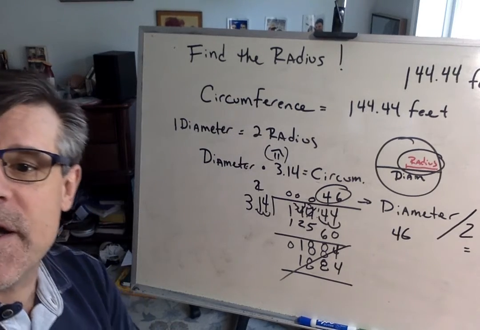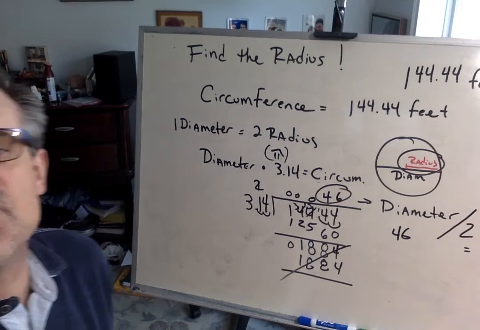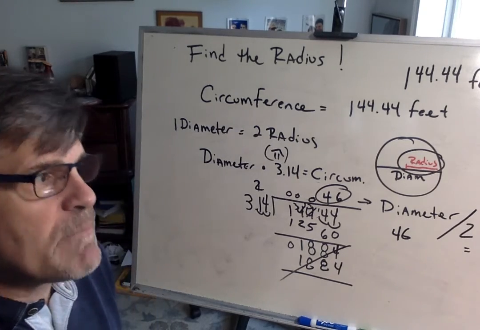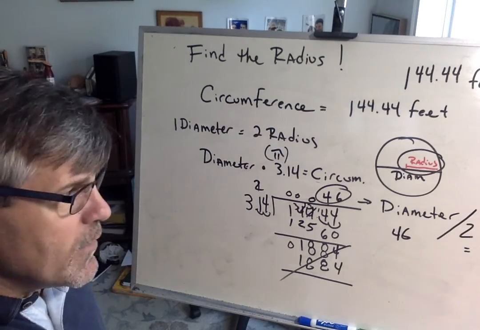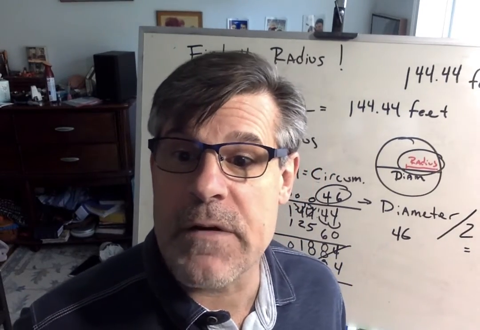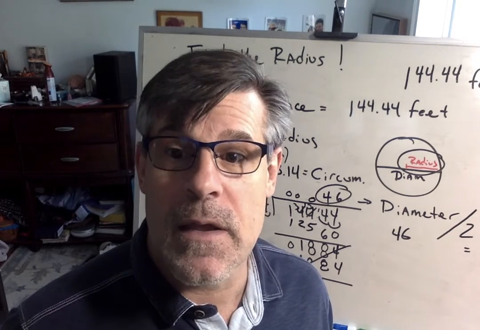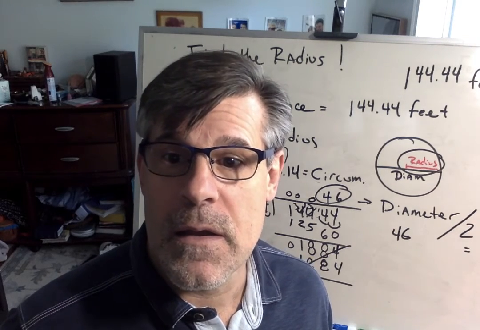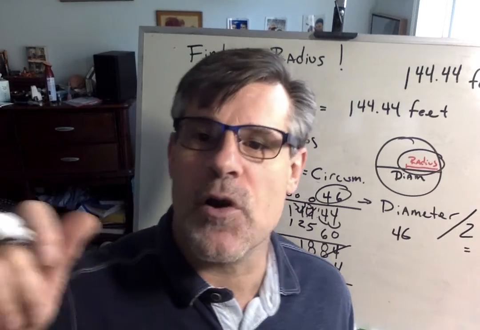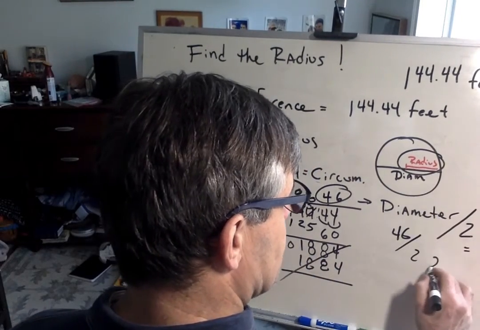Or Tamel, what do you think? Very good, Sarah E. So Tamel, hopefully you got the same thing. She got 23. Did I make that a little bit more clear, Sarah E? Was it easier to understand that way? Yes, thank you. Perfect. And then divide that by 2 and you get 23.